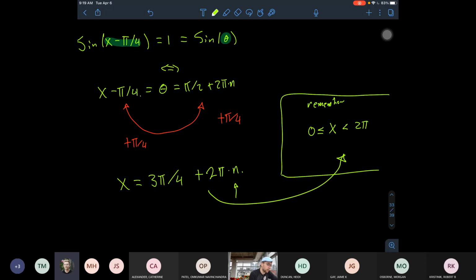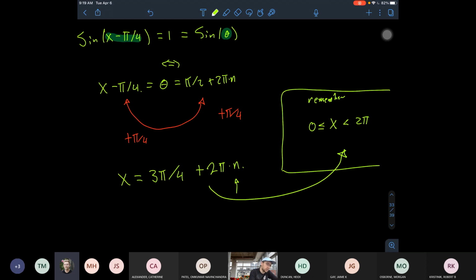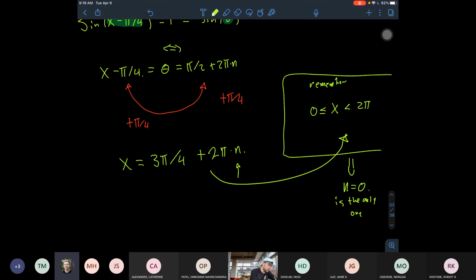But if we plug in any other number like -1, then we're going to get 3 pi over 4 minus 2 pi would be less than 0. And if we plug any number which is like 1, we would get something which is larger than 2 pi. And any other number, we're just going to get something which is even further out of bounds than those. So this condition is telling us that n has to be 0. It is the only one. So therefore, x should be equal to 3 pi over 4.